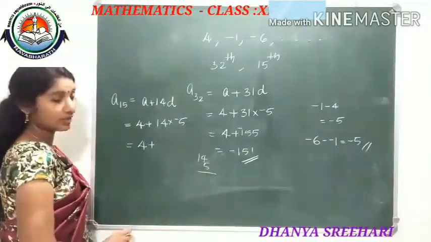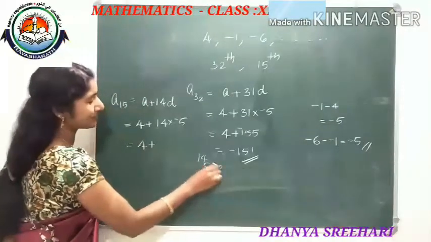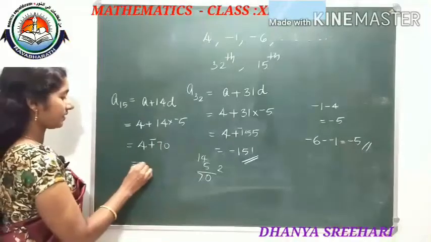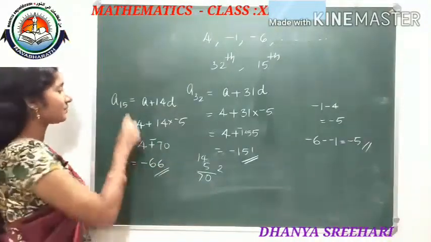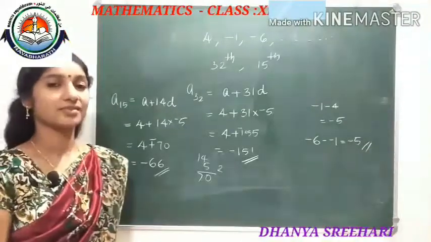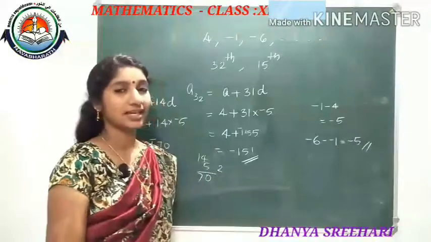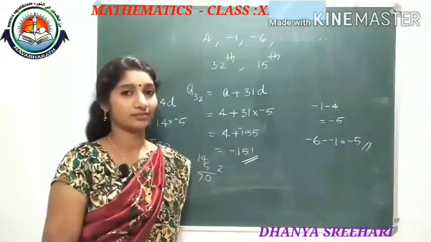How much is 14 into 5? 70. So 4 minus 70, we are getting minus 66. Minus 66 is the 15th term. Like this we can find any term by using the result An is equal to A plus n minus 1 into D.